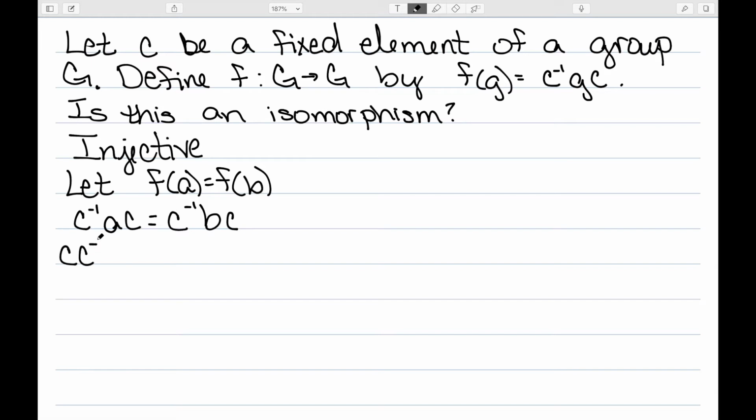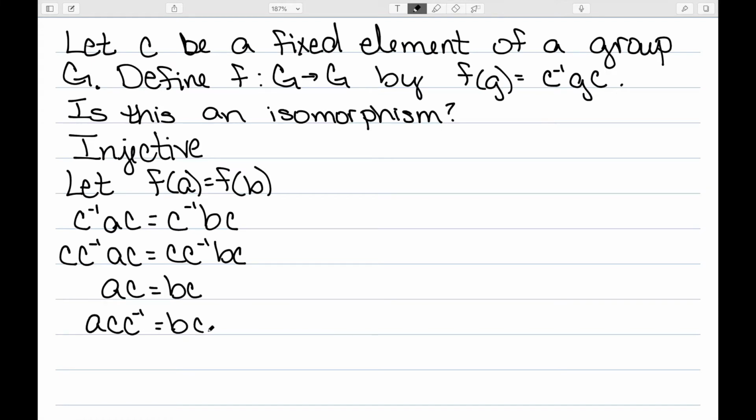I can multiply both sides on the left by C. When I do, I get AC is equal to BC. I can multiply both sides on the right by C inverse. And when I do, I get A is equal to B. So yes, this is injective.